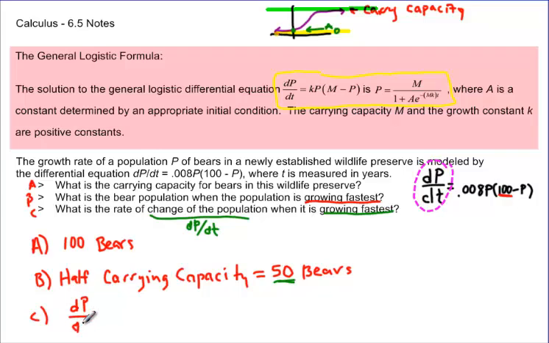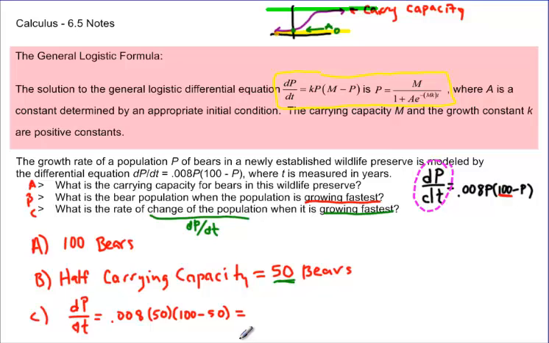So dP/dt is the rate of change of my population. I want to know what this is when I have 50 bears in my population. So I'm just going to plug in 50. And I'm going to punch this into my calculator.